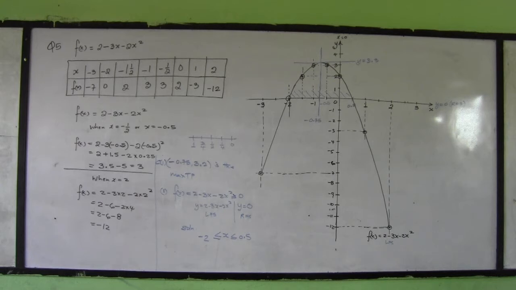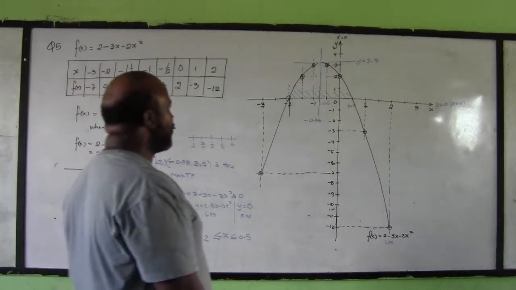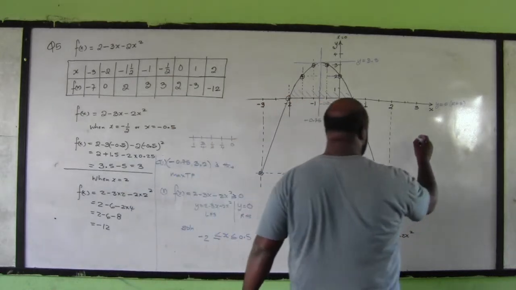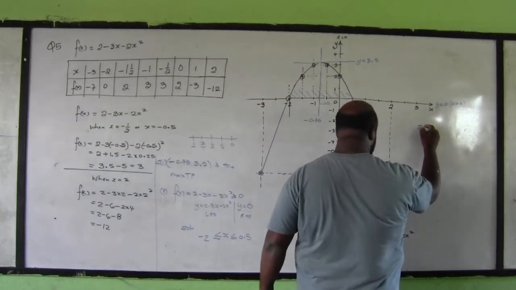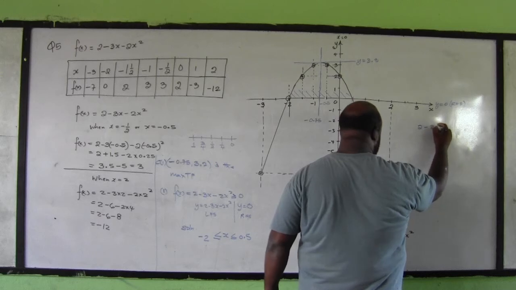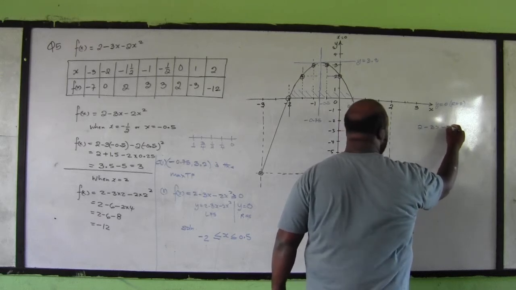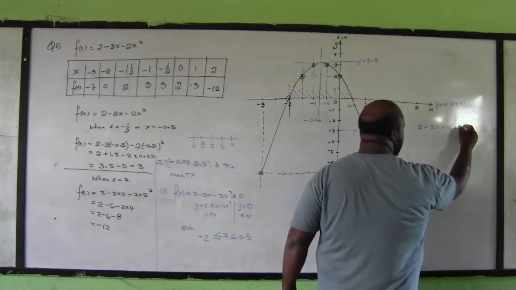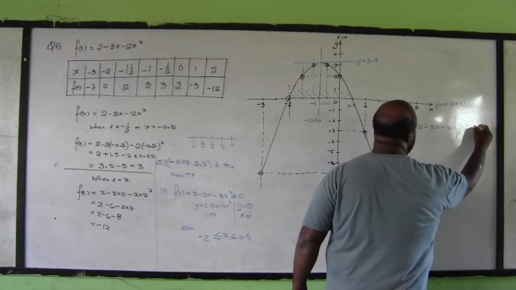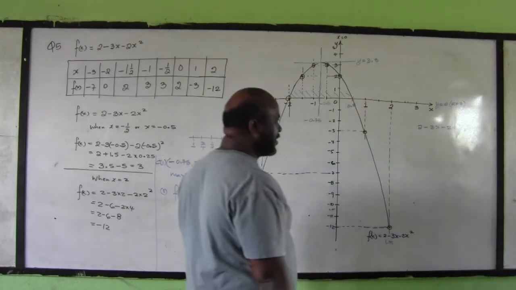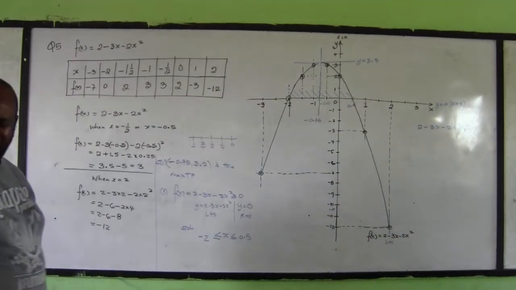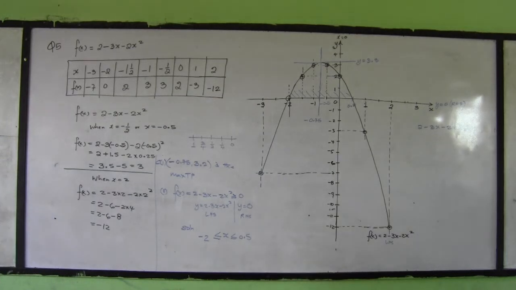The last question. We need the solution of this equation: 2 minus 3x minus 2x squared is equal to x minus 1.